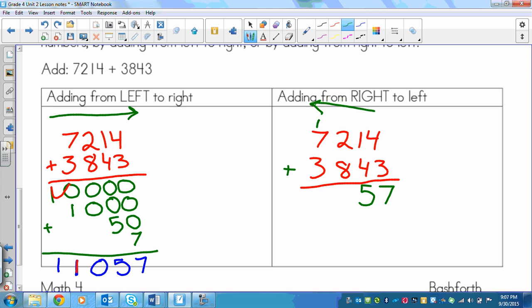Remember, the 1 goes up top and the 0 goes down below. And finally, in the thousands place, we've got 1 plus 7 plus 3. So 1 plus 7 is 8, plus 3 is 11. And we end up with the same answer, 11,057.